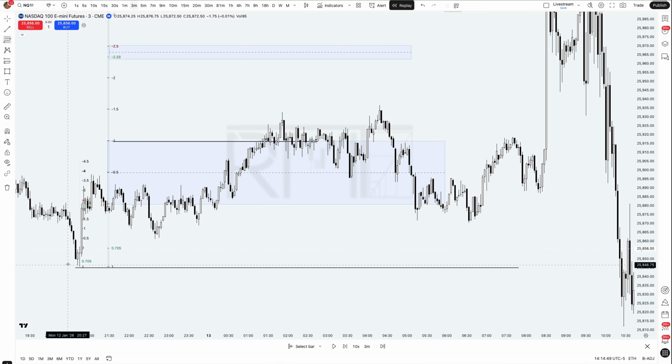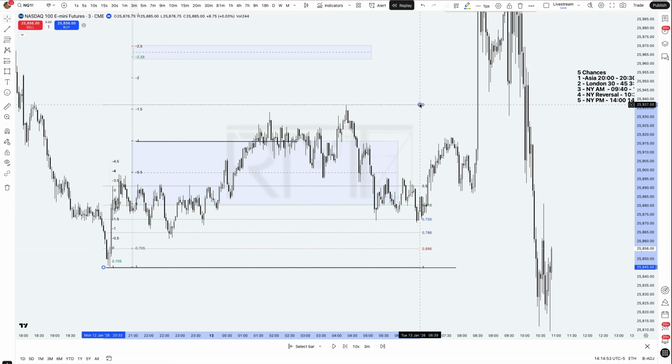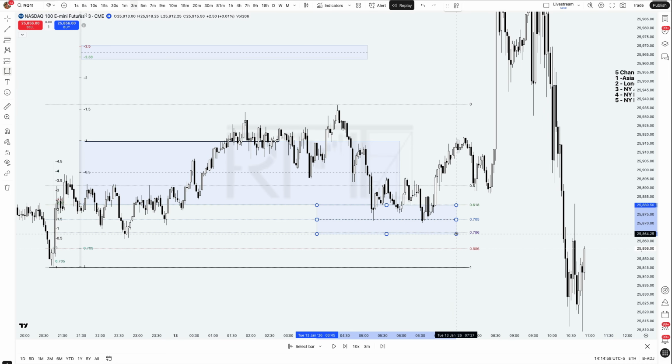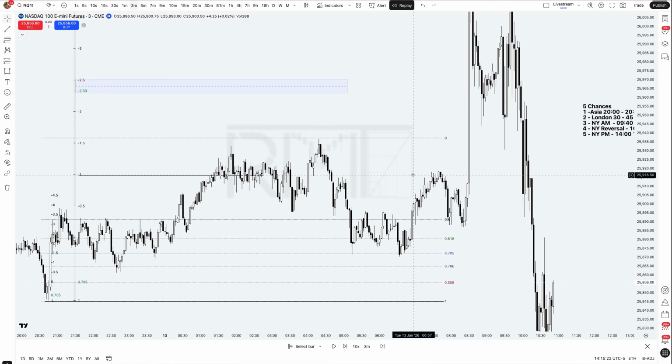At the same time, we need to pay attention: from low to the high, measure the Fibonacci retracement, and the retracement should be one of these three levels, from 0.618 to 0.786, and we can see here that price touched the 0.705 two times, never trading below. Like I said, sometimes this retracement should be between 0 and +1, inside this zone, and we start looking for the price.